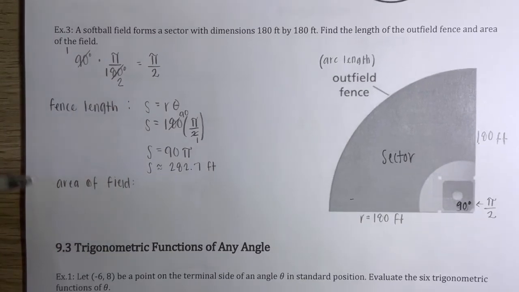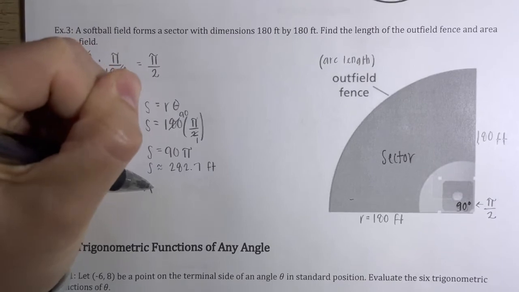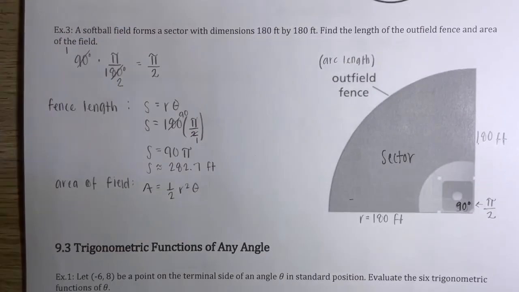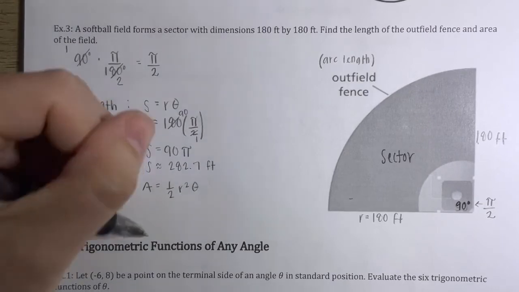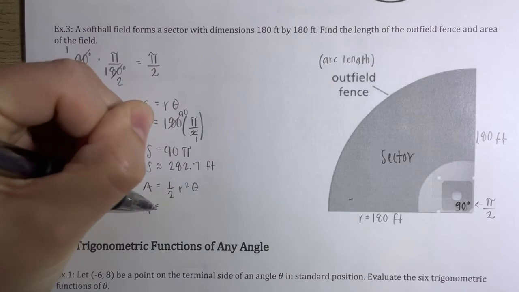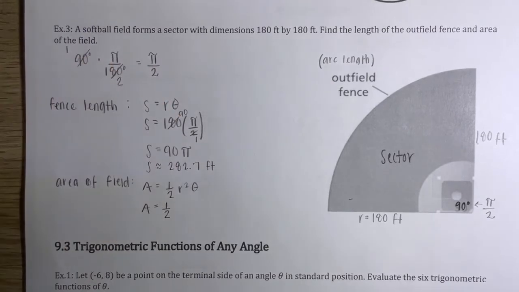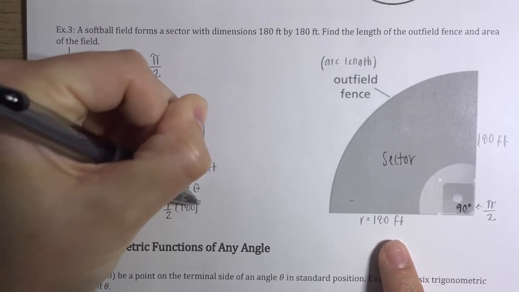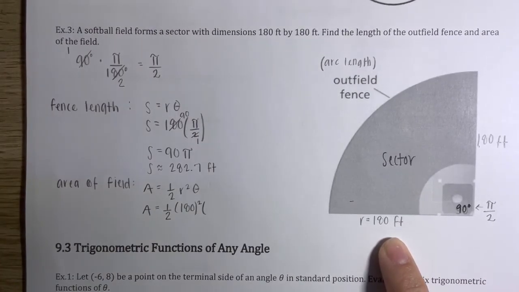The formula for the area of a sector was A equals 1/2 times R squared times theta. And again, we know R and we know theta, so we can just plug those in to find the area. So A equals 1/2 times R squared, so 180 squared, times theta, so times pi over 2.